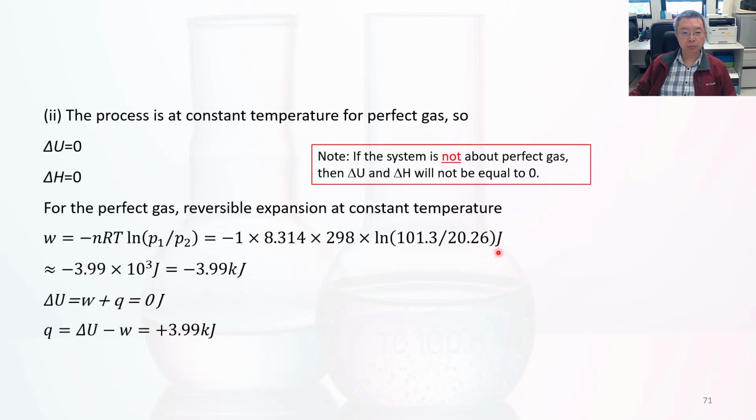So you can get these numbers, around minus 3.99 kilojoules. And delta U is equal to 0, and Q is equal to this number. This is using the first law of thermodynamics. Very simple. So this is our check question.